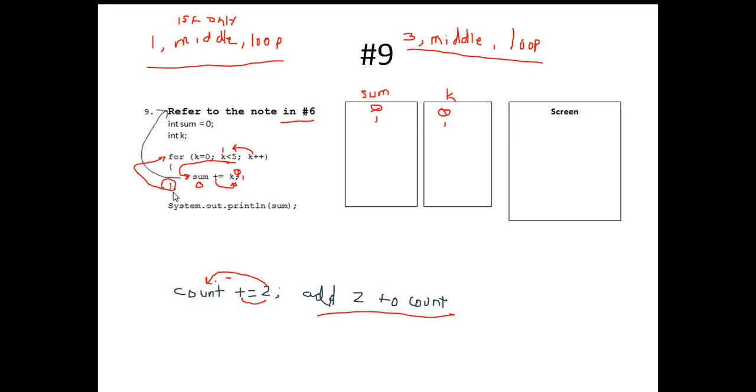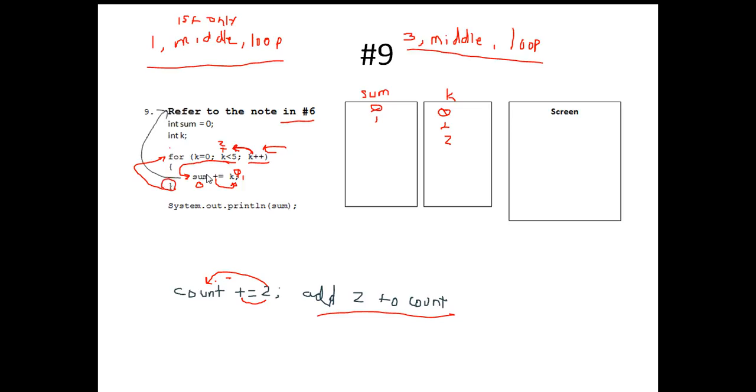The next line is the ending brace. Go back to for, enter by the third argument. We increase k by 1, it now becomes 2. Now we go over to the middle argument and ask the question, is 2 less than 5? It is. We go into the loop.